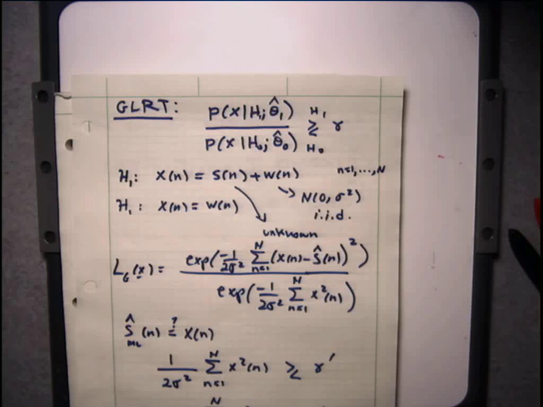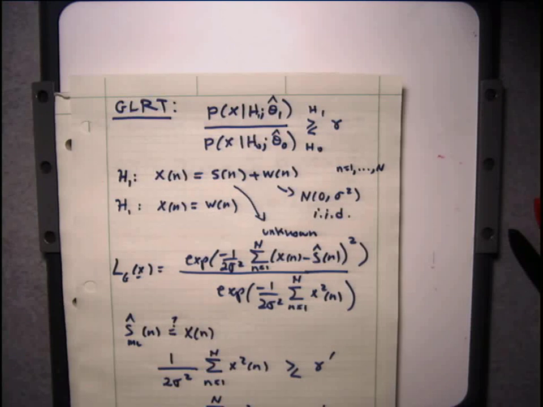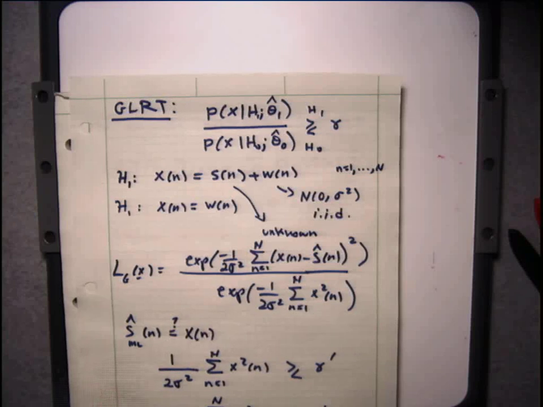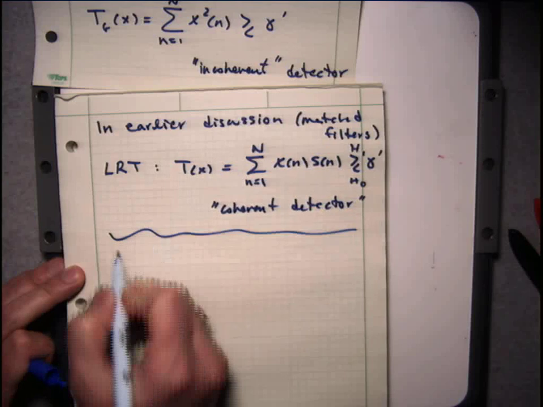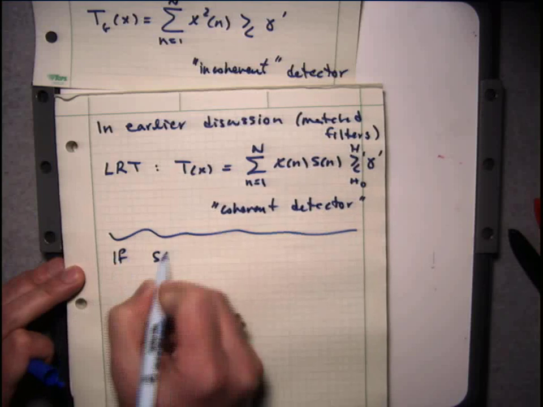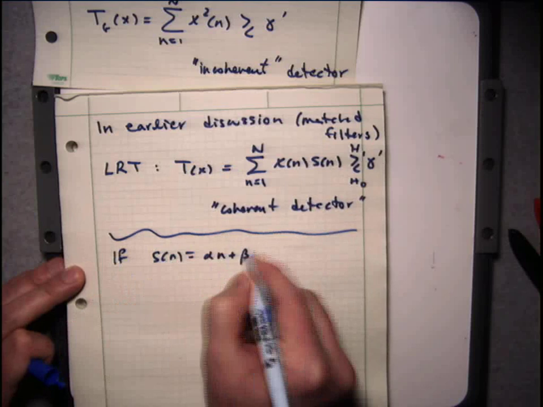If you knew the form of the function s of n, then this would not be the maximum likelihood estimate. Then you would use all the data x of n from n equals 1 to capital N to estimate those parameters, and once you replace those parameters with their estimates, that would become the maximum likelihood estimate of the signal. Let me be a little more explicit. For example, let's say s of n is equal to alpha n plus beta n squared.